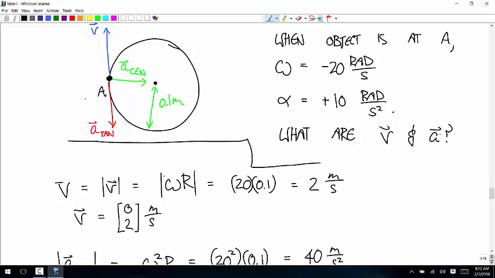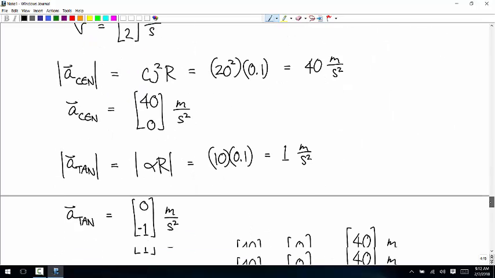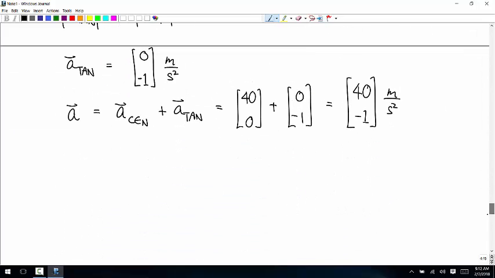So it doesn't necessarily have to be at a point where the tangential and normal lines are horizontal and vertical, right? It can be anywhere on the circle. Yes, that's right.